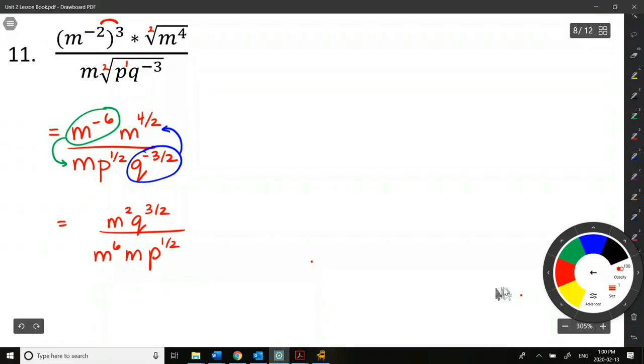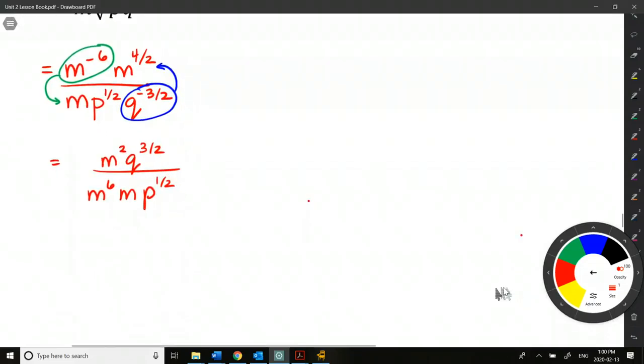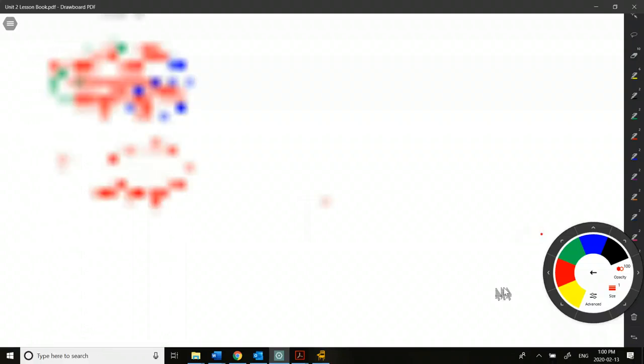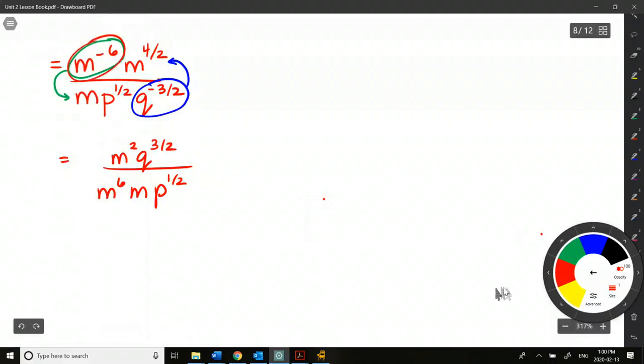Okay, so I did a couple things here in the next step. Just applying the negative exponent rule, so I'm bringing the m to the -6 down to the bottom and making it positive. And then same thing with q, but I'm bringing it to the top, making that exponent positive. And 4 divided by 2 is just 2, so we're just simplifying that fraction there.